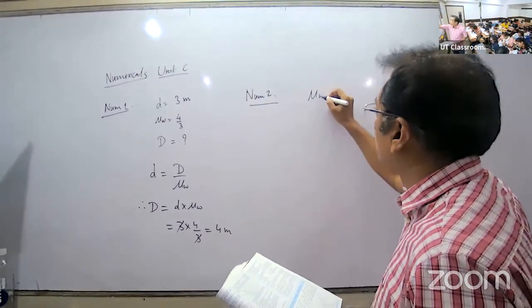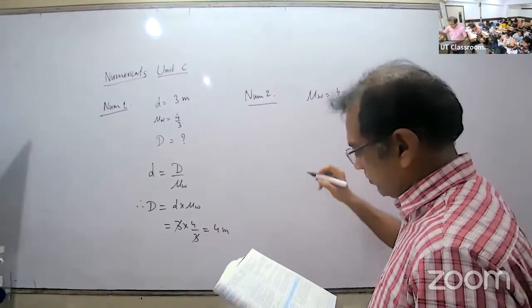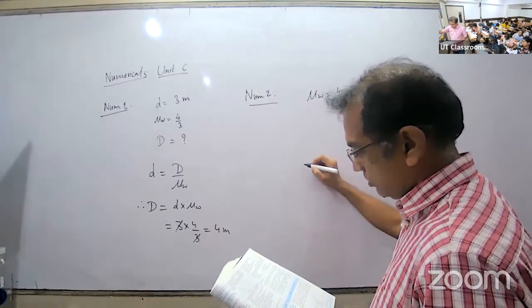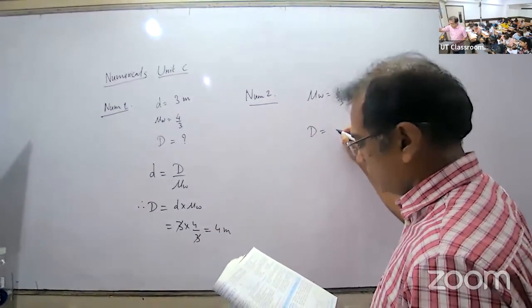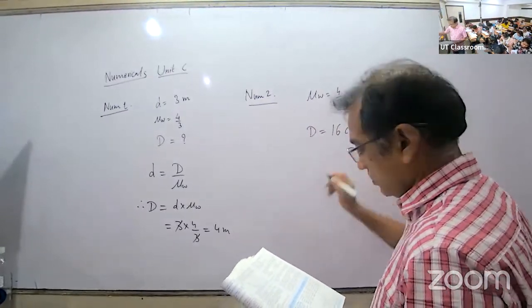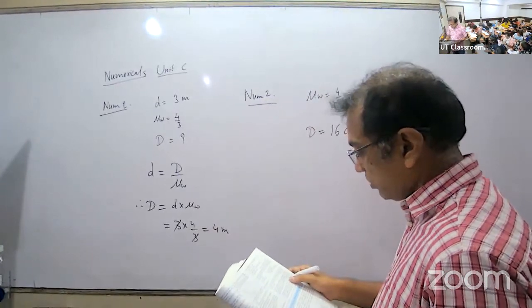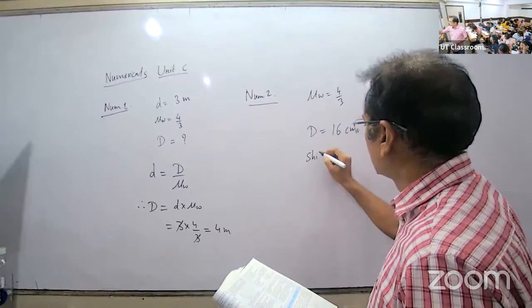So this is actual depth. Yes. 12 centimeter. 16. By what height the coin appears to be raised? So this is shift.